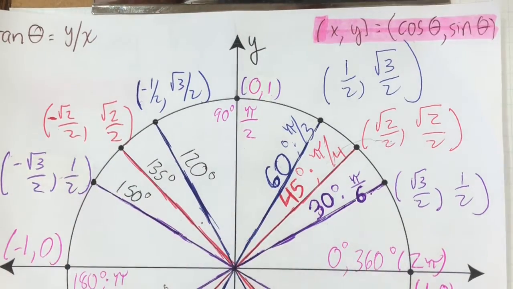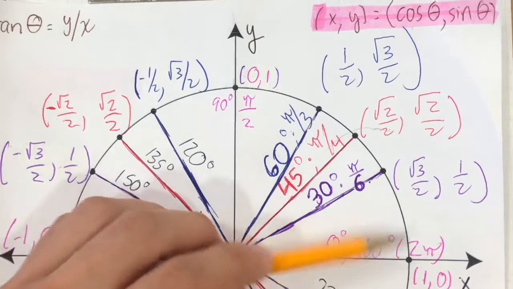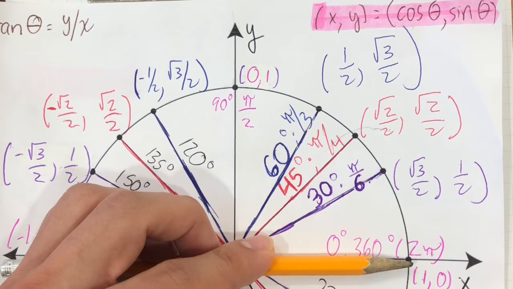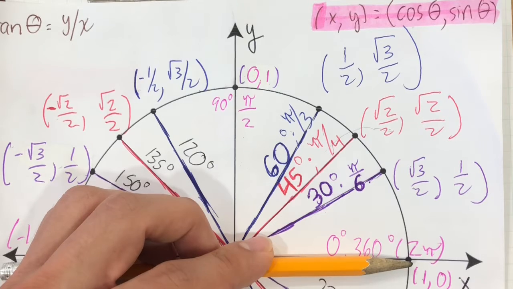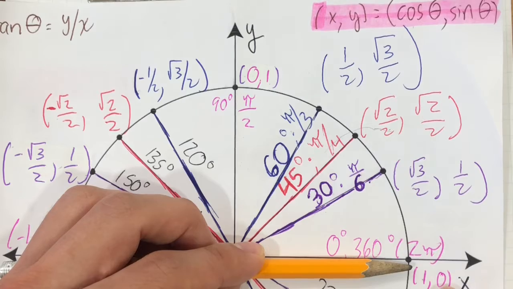All right. So we're going to start off with 0 degrees. And at 0 degrees, we're at (1, 0). So if I were to evaluate sine of 0 degrees, that would be 0. So that's my output for sine of 0.